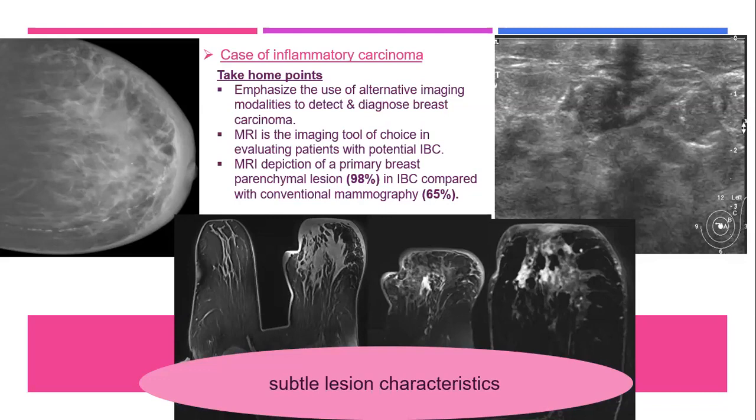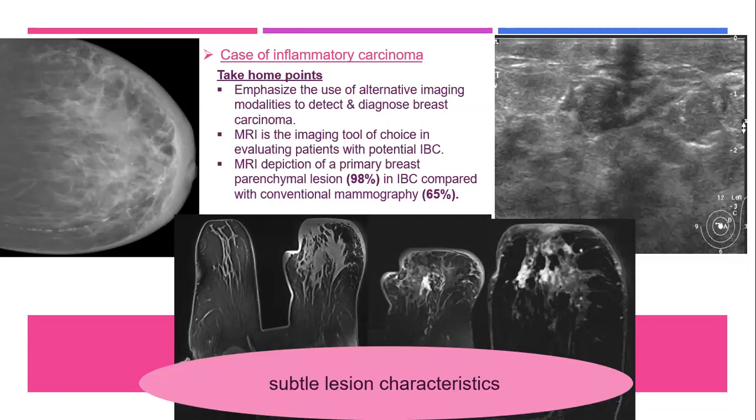If it is not a focus, look for is it a mass? And you know the mass is a space-occupying lesion, three-dimensional. If it does not fulfill the criteria, then it will be non-mass-like enhancement.